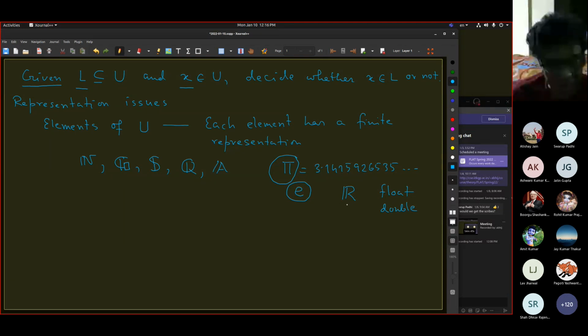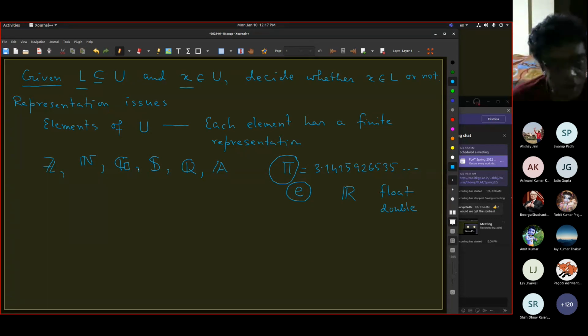If we restrict to natural numbers, integers, graphs, strings, things like that, we can have every element represented in a finite amount of space. So this is the first thing we will start with: every x in U has a finite representation. Without that, we cannot feed an infinite representation to the machine. The machine will keep on reading it forever without doing any computation at all, so that's not a valid suggestion.